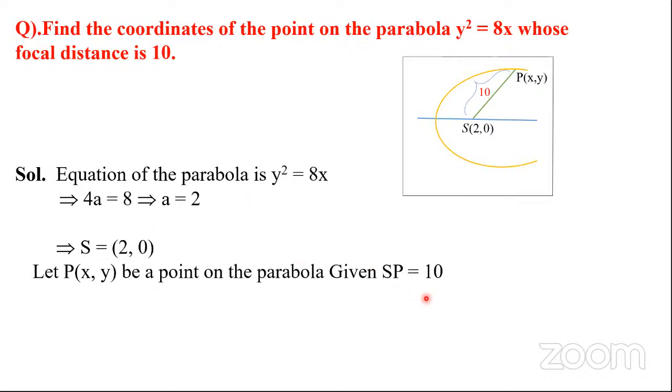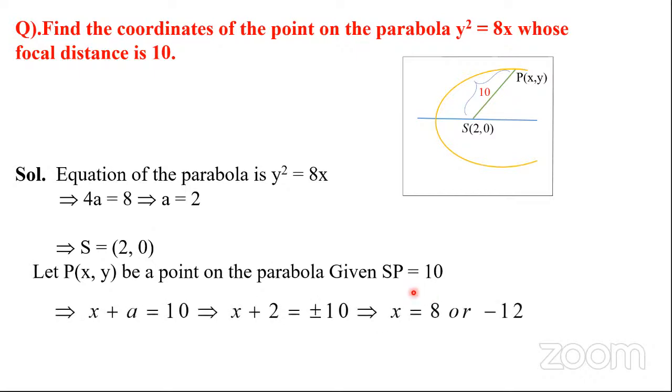So given SP is equal to 10. What is the focal distance formula, children? From the previous explanation, we understood that focal distance is x plus a equal to 10. So x plus, substitute the value of a, which is 2.